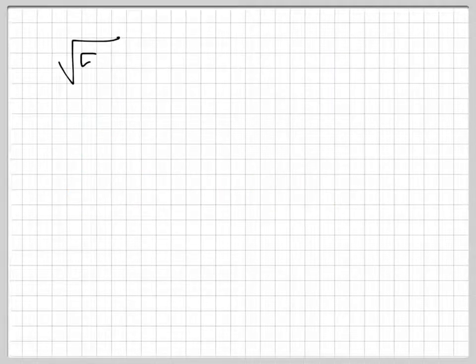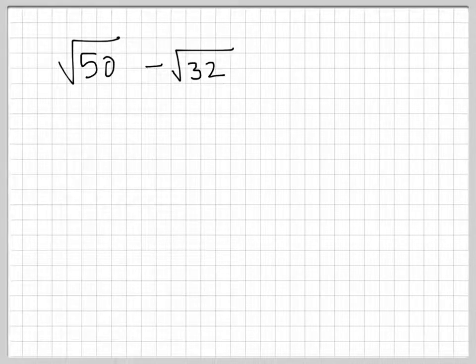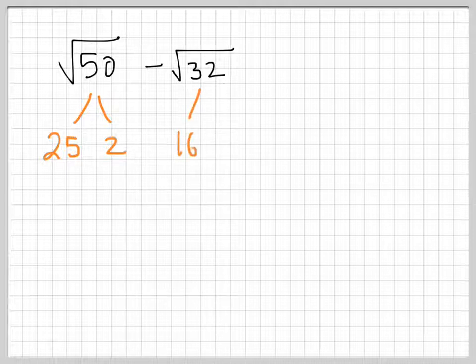Let's do radical 50 minus radical 32. And so 50 is 25 times 2, and 32 is 16 times 2.